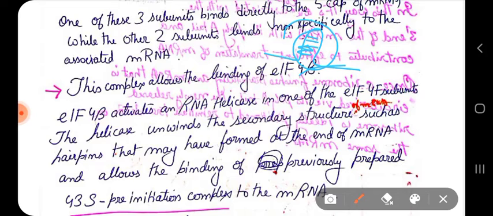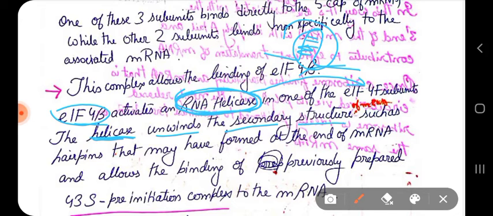We have to unwind them, and that's why RNA helicase activity comes in. It will unwind those secondary structures of the mRNA, like the hairpin formed due to inverted repeat sequences. It has to be removed, otherwise it will create a problem during the translation process.